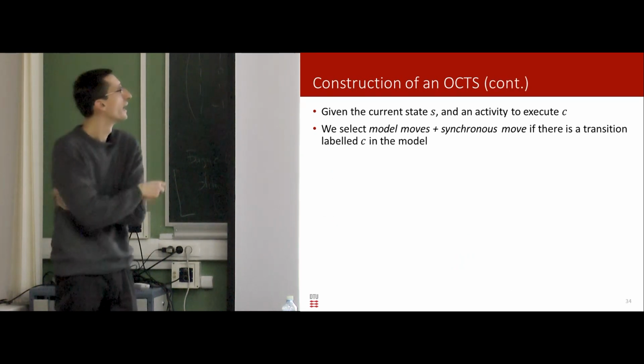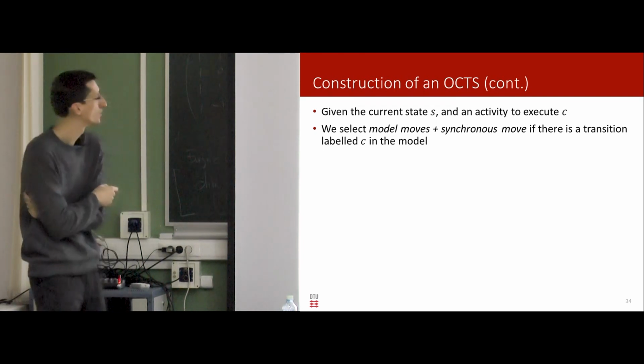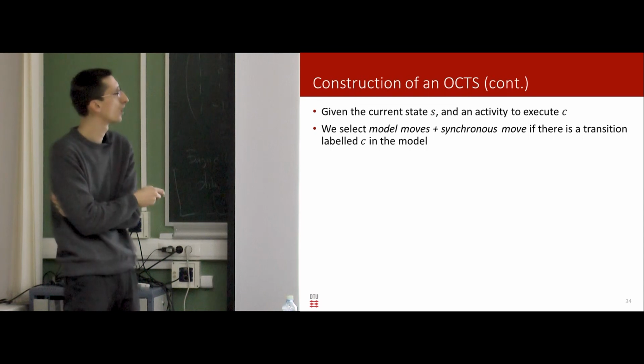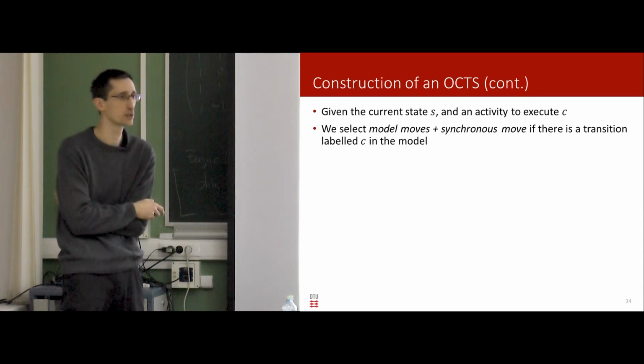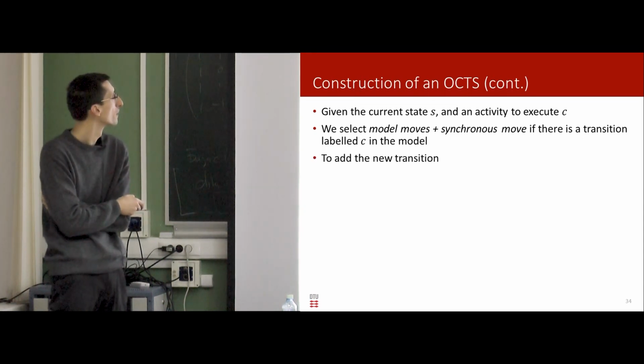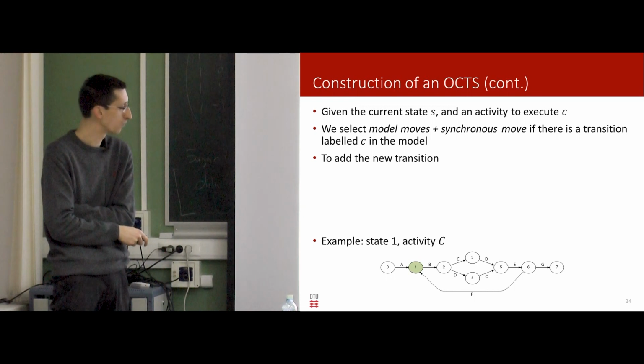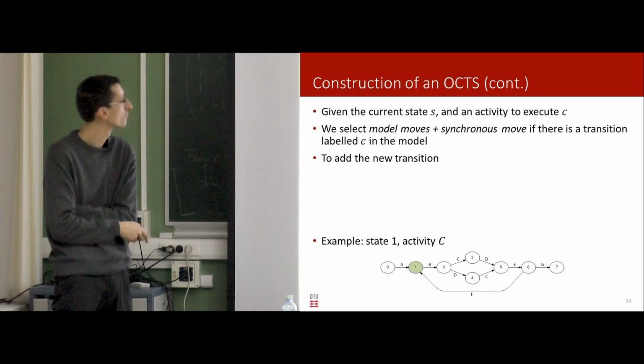Okay. If this is not the case, then we have to perform this sequence of model moves followed by a synchronous move. So to add this new transition, let's take now this other example. We're in state 1 and we want to execute activity C. So synchronous move.